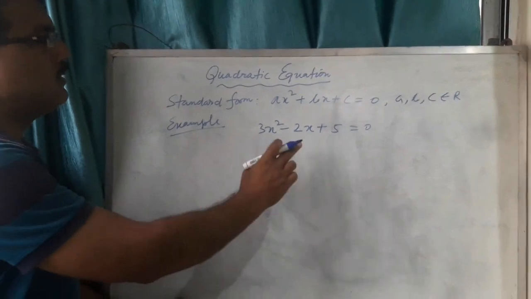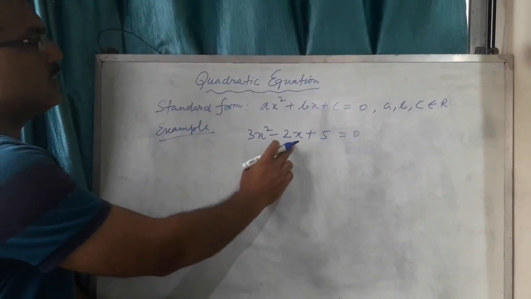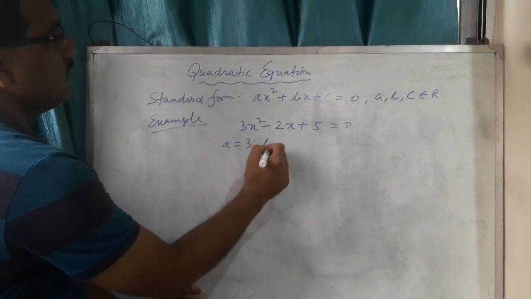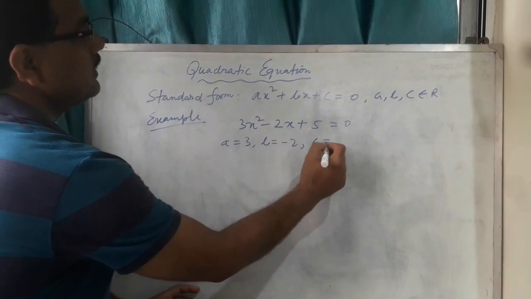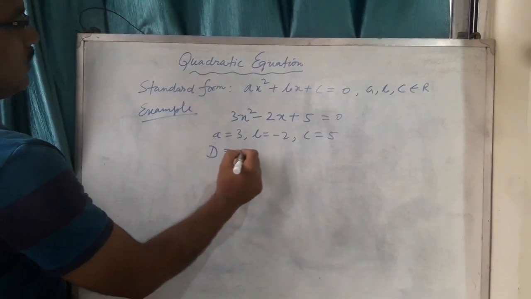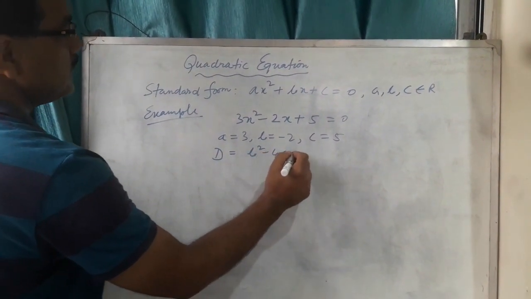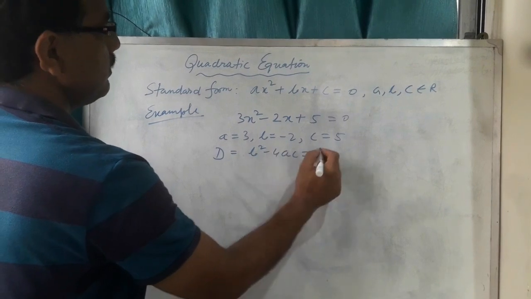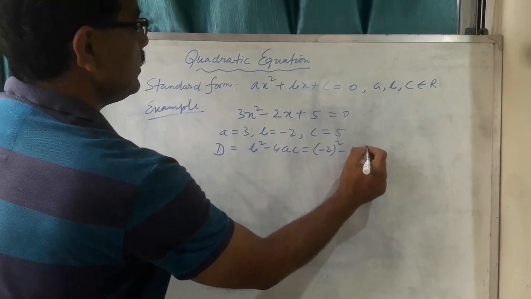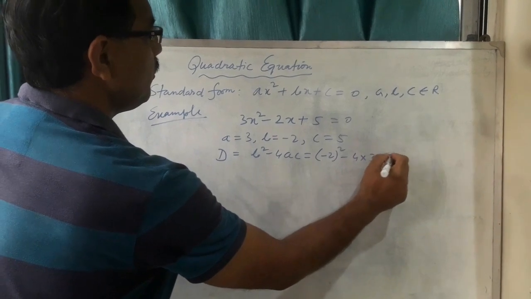Let us take one example. 3x square minus 2x plus 5 equals to 0. Here a equals to 3, b equals to -2 and c is 5. So what is the value of D? D equals to, we know, b square minus 4ac, that is (-2) square minus 4 into 3 into 5.